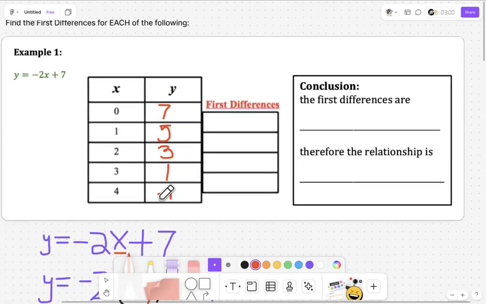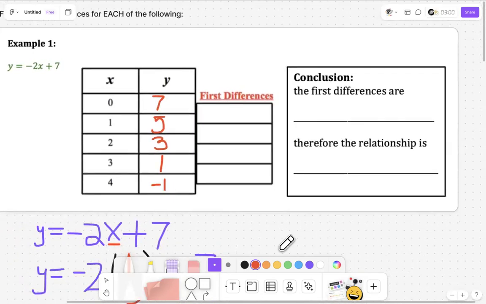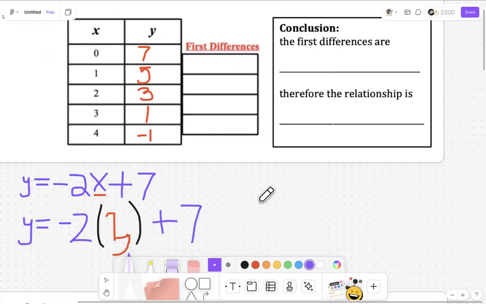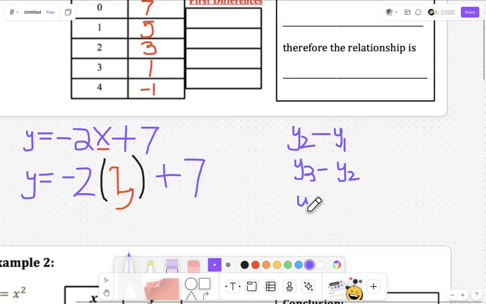I'm just going to zoom in a little bit. Now, to calculate first differences and in order to make a conclusion, you'll notice when I was filling out the table of values, I went from top down. But what students forget is when you're calculating your first differences, my formula is y2 minus y1, and the pattern is y3 minus y2, or y4 minus y3.